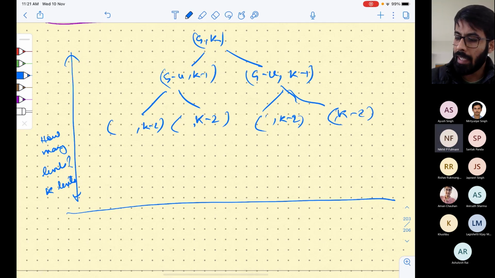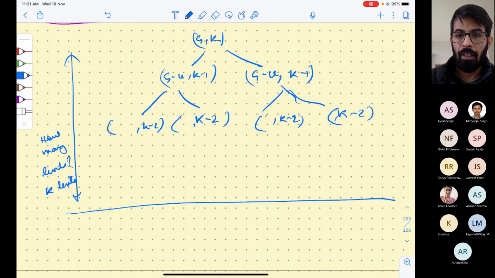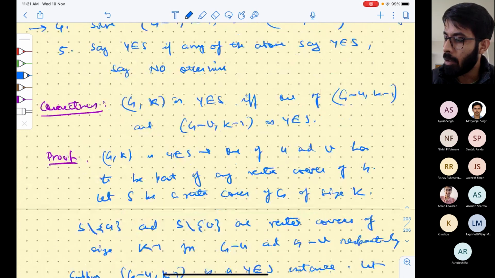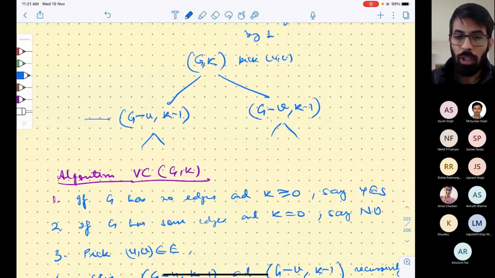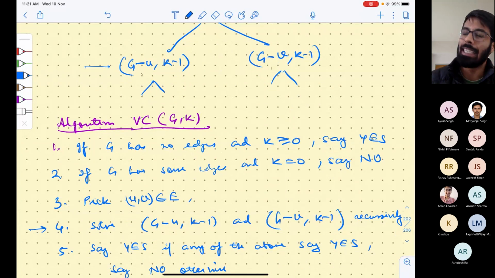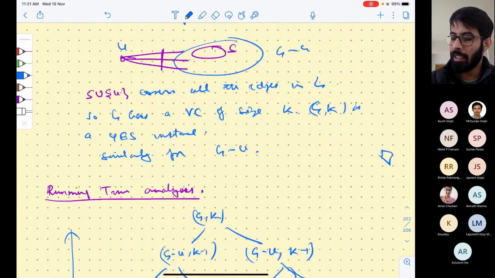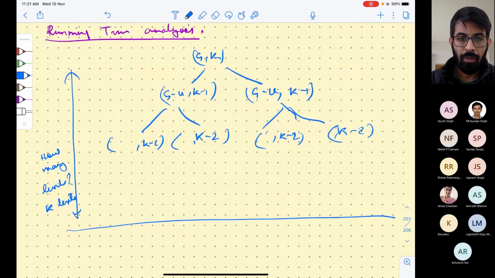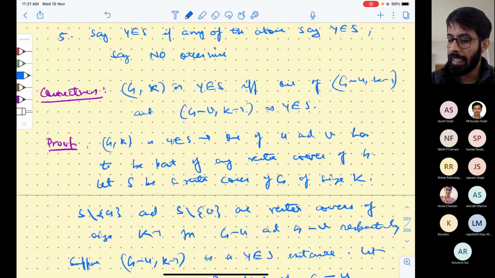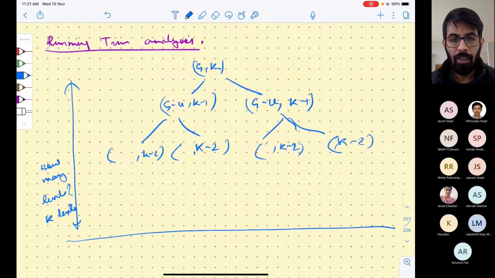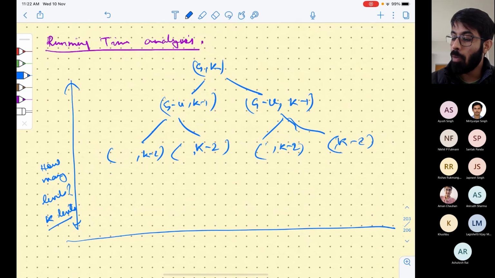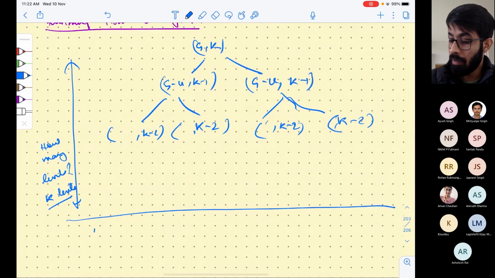No, because we are decreasing k in every level. k is always less than n. You can anyway say yes if k is more than n, because there exists a vertex cover of all the vertices. So we can assume that k is less than or equal to n. If k is greater than n, say yes. That is a trivial case. So always assume k to be smaller than n. Yeah. So this is k levels. So how many nodes can be there in this graph?